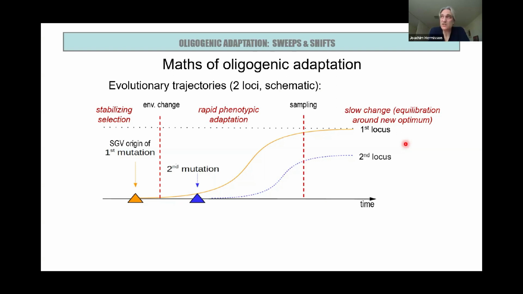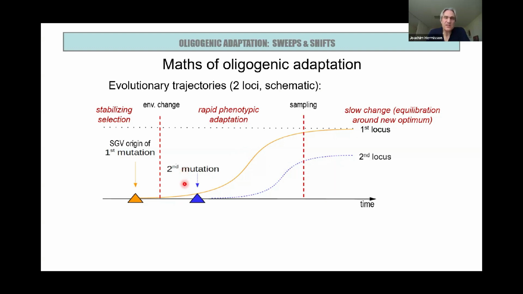You may remember these two phases from Neda's talk. All right, so in this talk, I will be entirely concerned with this rapid phenotypic adaptation phase, where we sample somewhere here, before these changes get too slow.